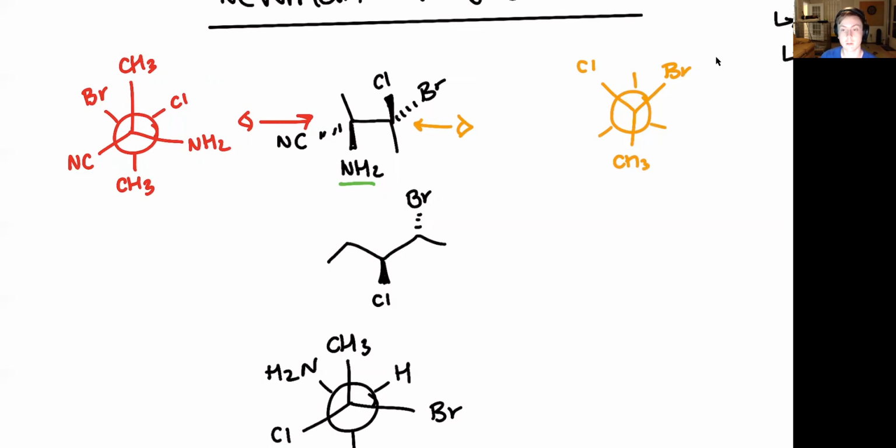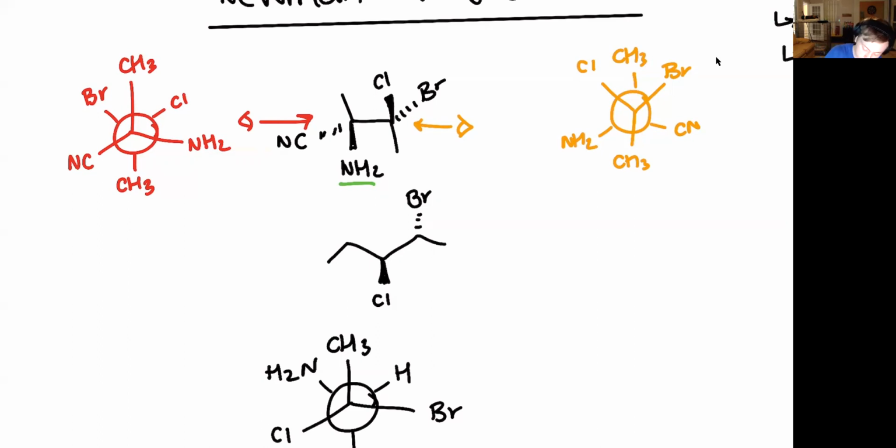And then on the back carbon, now we have the NH2 and the CN and the CH3. So the CH3 is going to be up, and then what was coming at us will now be on our left. So it will be the NH2 and the CN. And so we should have the same groups on the same side.